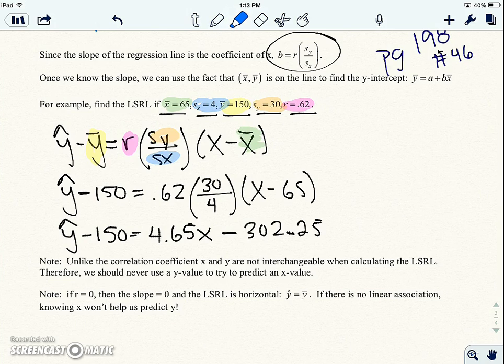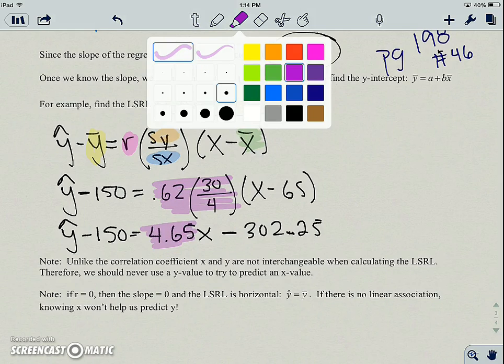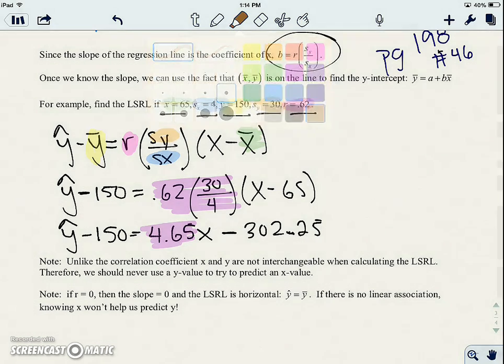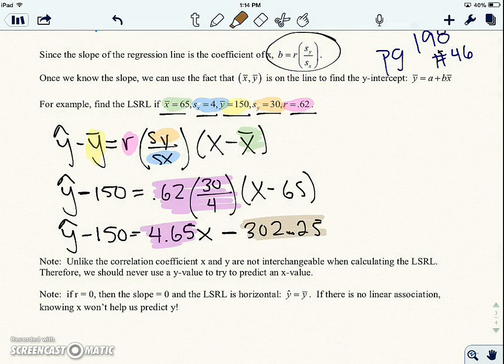What I did there is the 4.65 is all of this, and the 302.25 is 4.65 multiplied onto that 65.